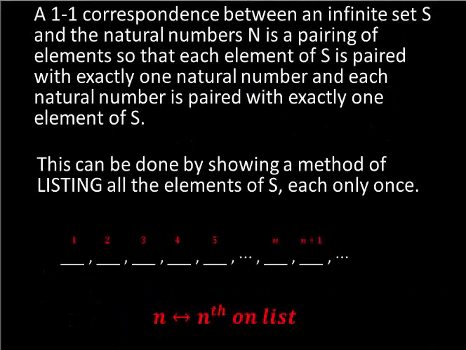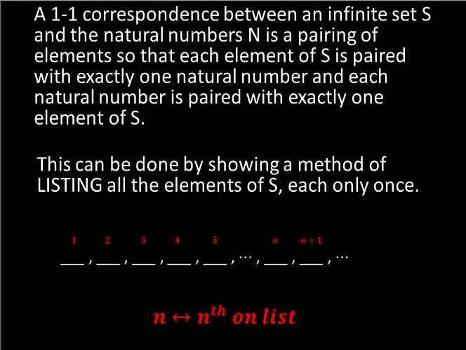Now, as we have noticed in the few examples we did, if you can make a list of the infinite set in question, then a one-to-one correspondence is established with the natural numbers, because the first number on the list corresponds to its position on the list.